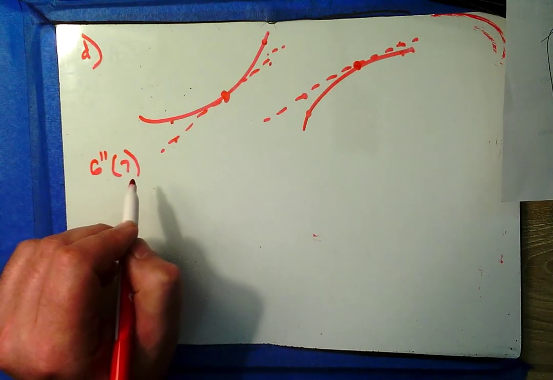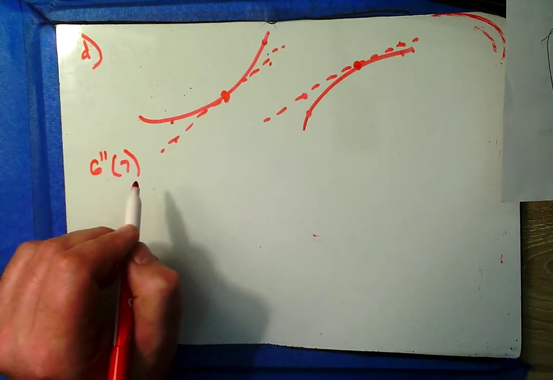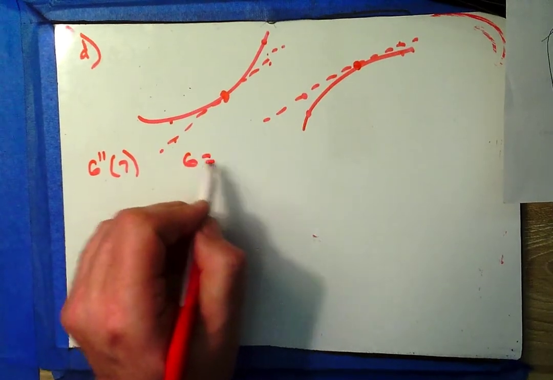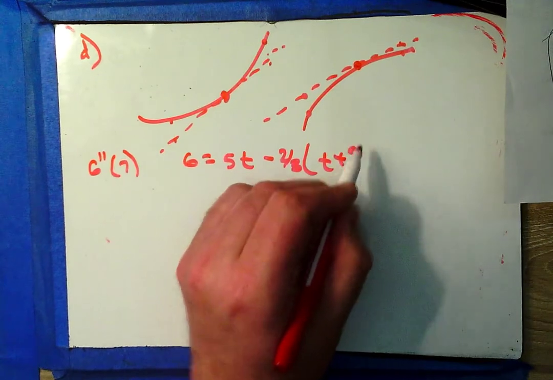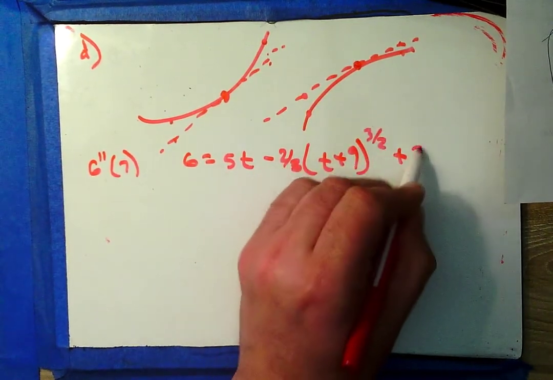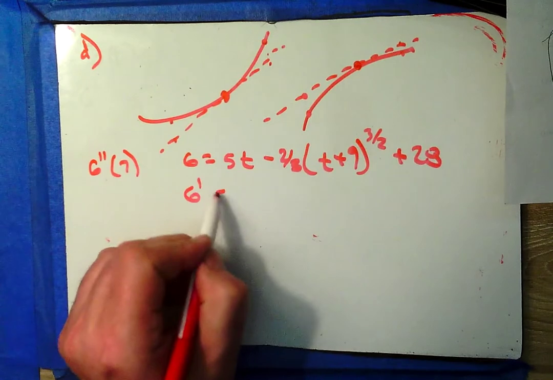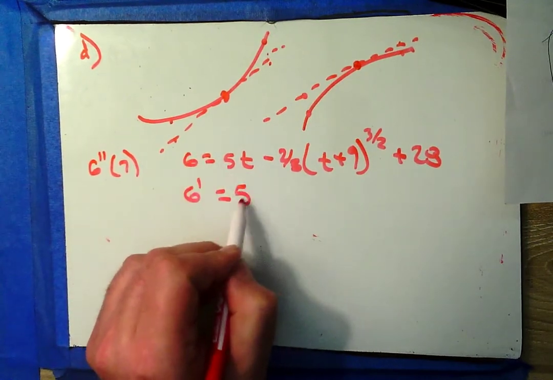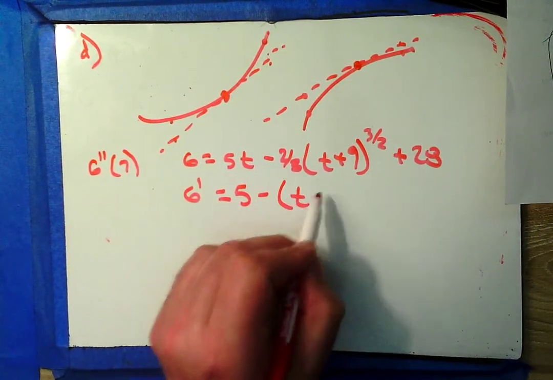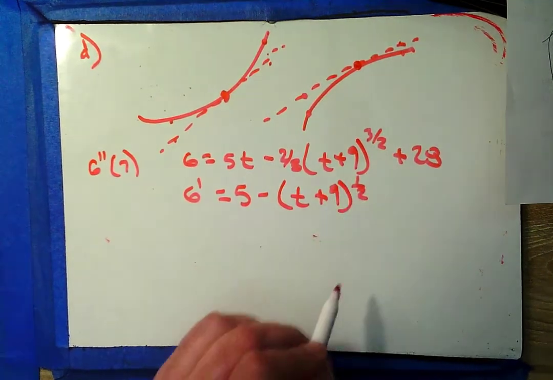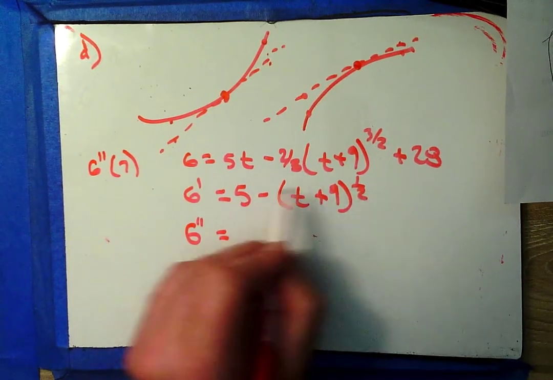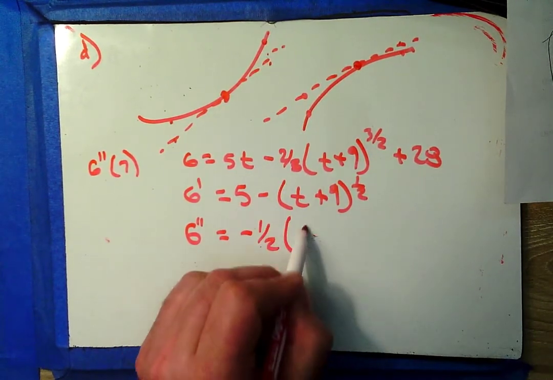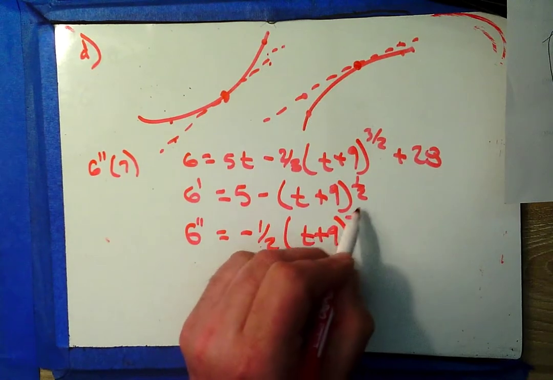Let's start with g prime. Here's g. So g equals 5t minus 2/3 (t plus 9) to the 3/2 plus 28. G prime, which I believe I did earlier, is 5 minus (t plus 9) to the 1/2. But we need g double prime. Derivative of that is 0. We get minus 1/2 (t plus 9) to the minus 1/2.